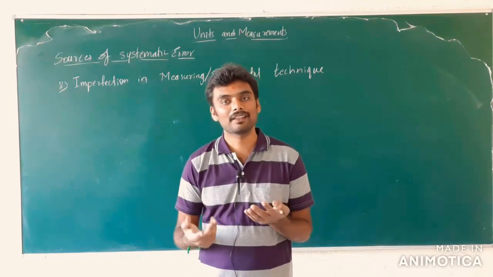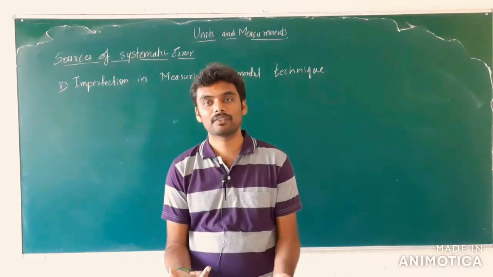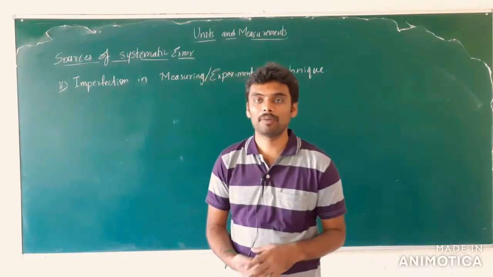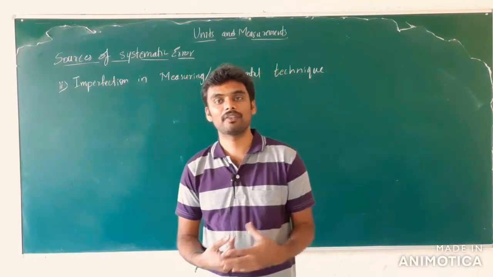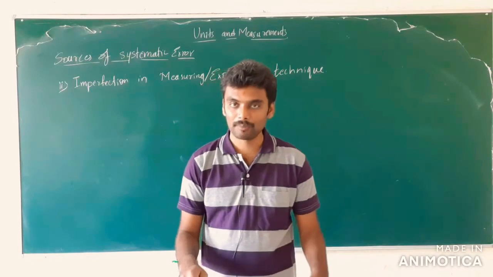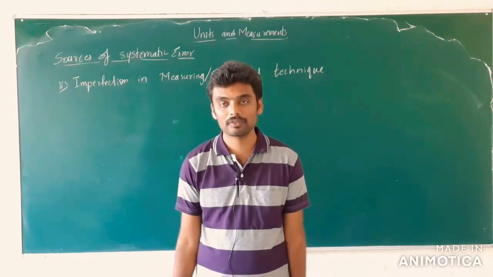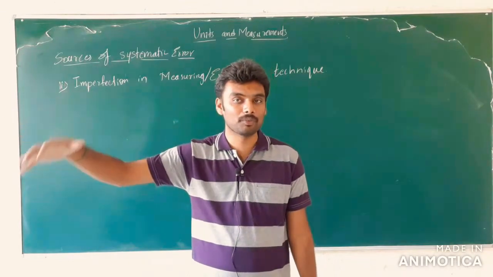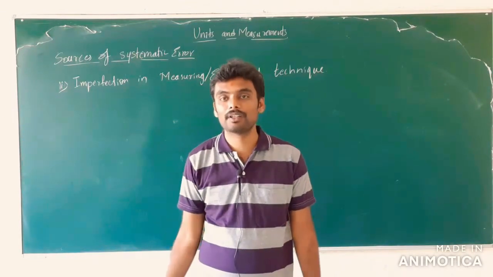So we can say these are two different techniques that a person used to measure the weight. The first technique is he simply stood alone without any support. In the second technique, he took a support and looked at the weight.